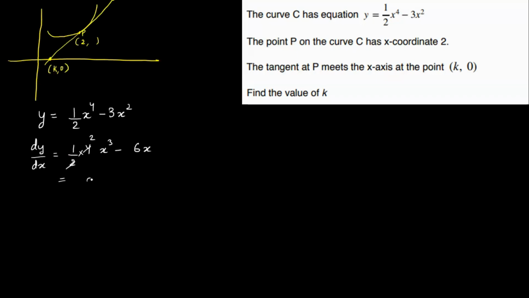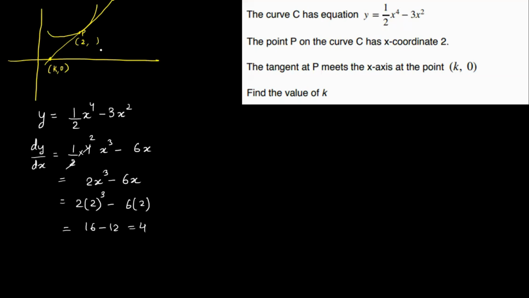This gives you 2x cubed minus 6x. At x equals 2, put the value 2 in place of x. This gives you 16 minus 12, which is 4. So the gradient of the tangent at P is equal to 4.